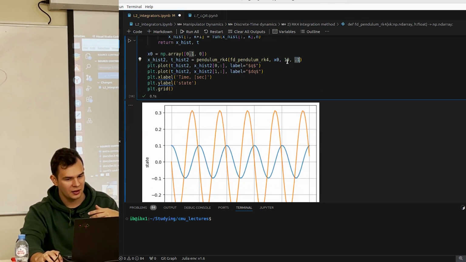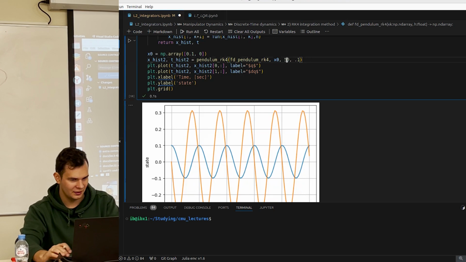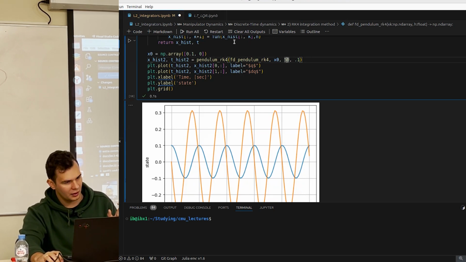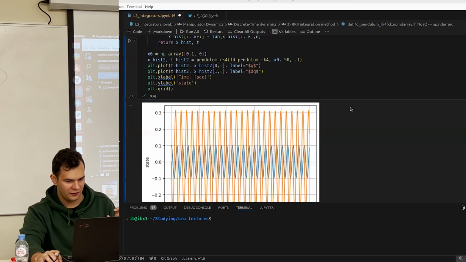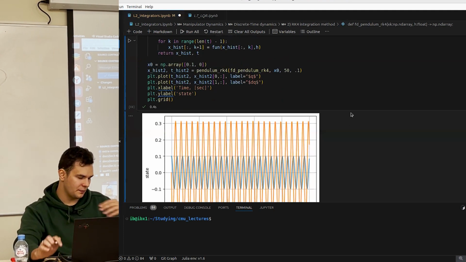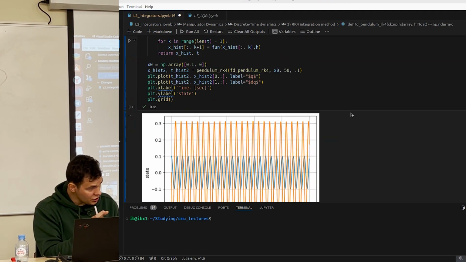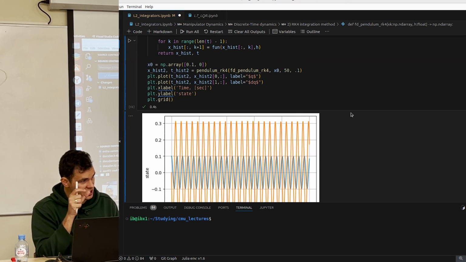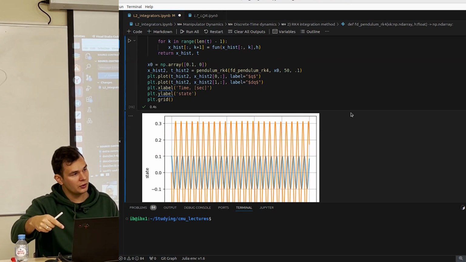It's computed faster than the forward Euler with a small time step. So for the 50 seconds, you can see that it's stable. So it is faster than forward Euler. No, it's not faster. It depends on the h. If you make h small, you do a lot of calculation.